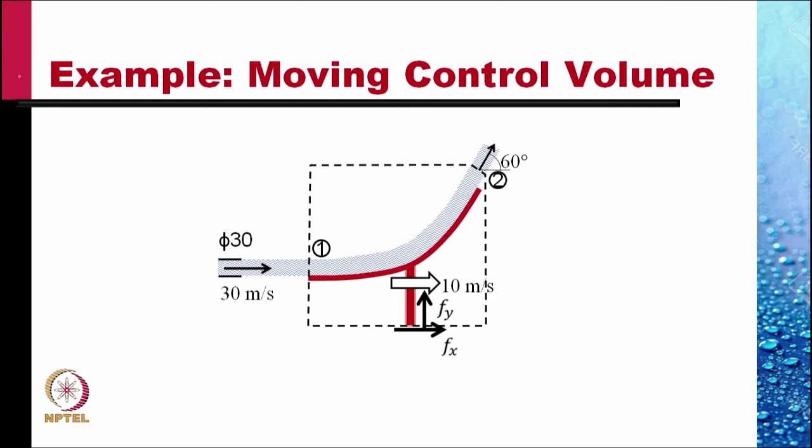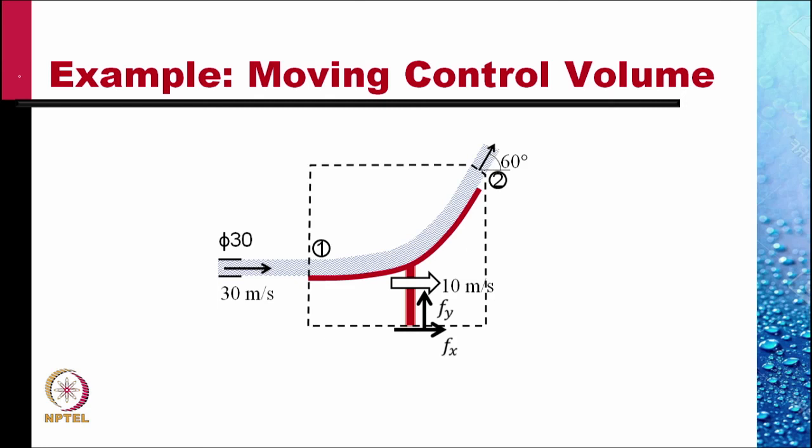As mentioned before, the control volume is moving at a constant speed, so the frame is inertial if we attach the frame to this control volume. So we attach the frame to this control volume, and then the velocities we have to measure with respect to this control surface.